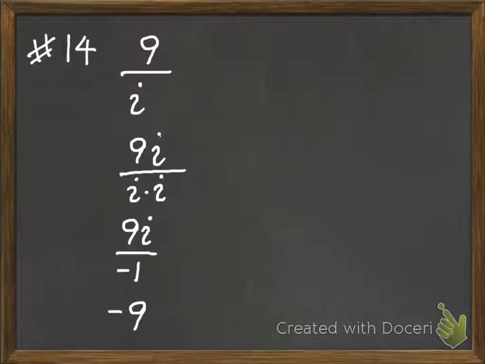Because square root of -1 times the square root of -1, that's i squared, and you know that that is -1. 9 divided by -1 is -9. And our answer is -9 times i, -9i.